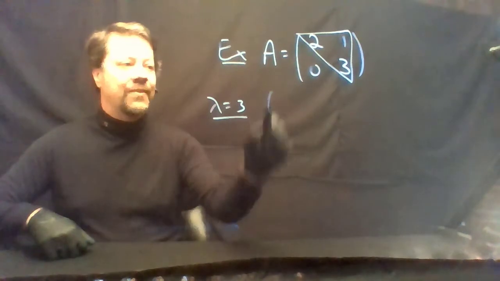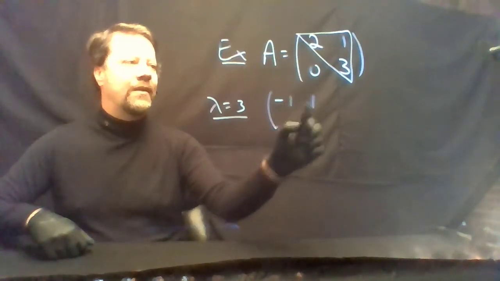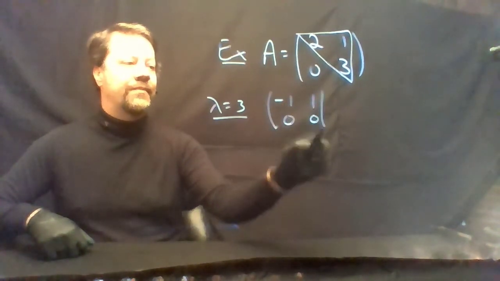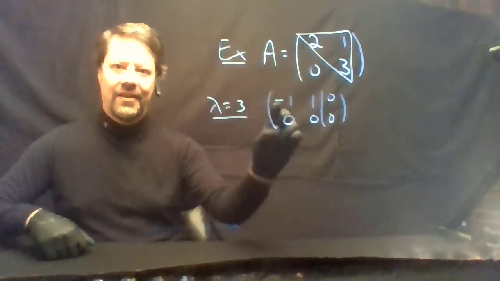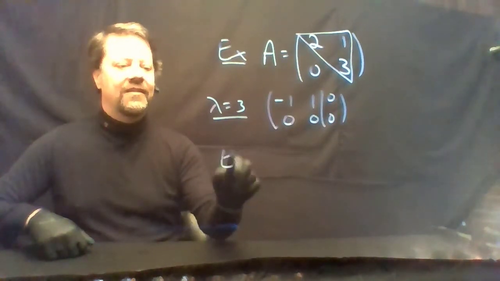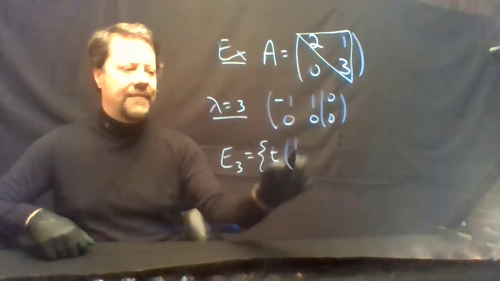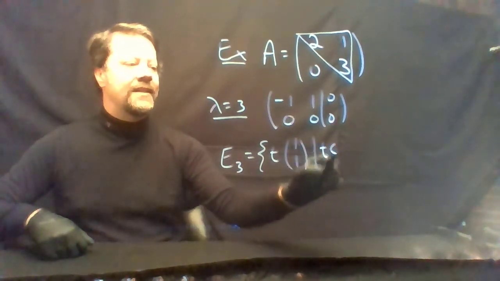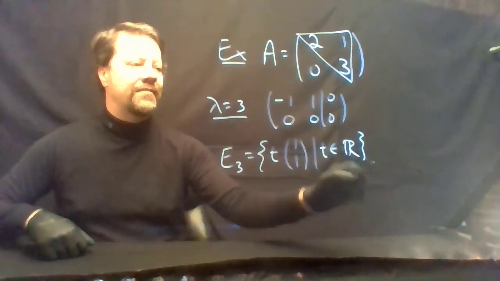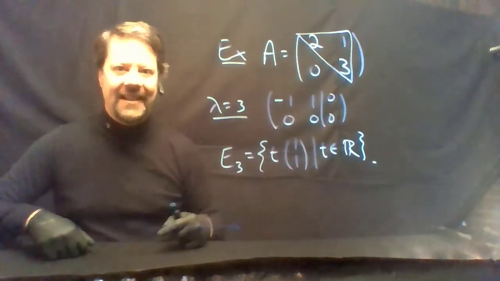For lambda equals 3, we obtain [-1, 1; 0, 0]. Switching and negating, we see that the eigenspace is the set of all t times (1, 1), such that t is an element of the set of real numbers. Switch and negate one of them.